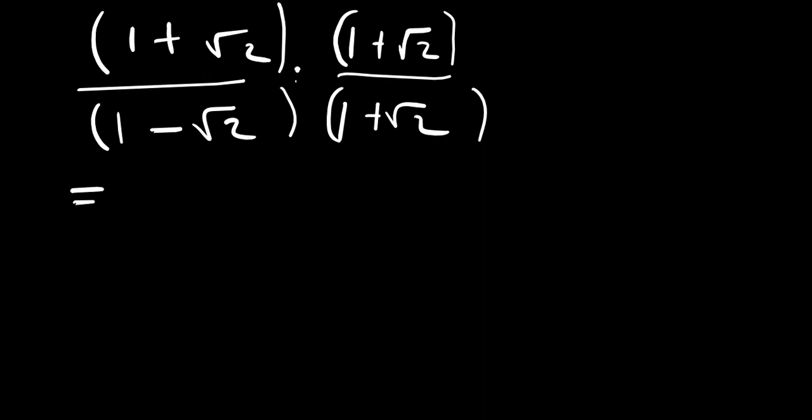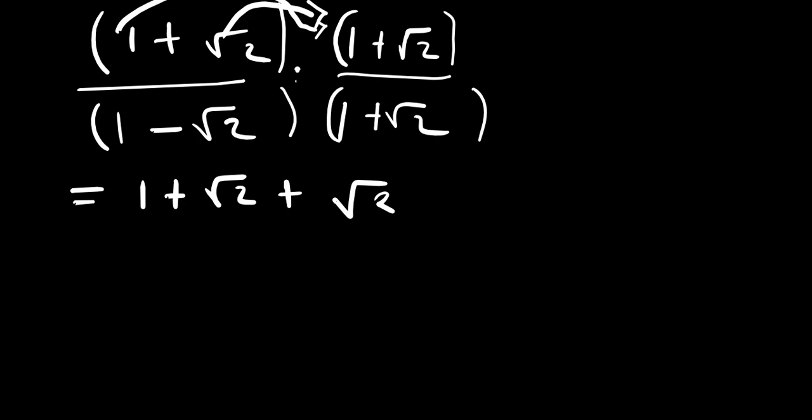What this means is that your 1 is going to multiply by everything that is here. So 1 multiplied by everything is just the same thing, 1 plus root 2. Then plus root 2 multiplied by everything in the brackets, so you have root 2 plus root 2 multiplied by root 2, which will just give you 2. This is dividing by 1 squared minus the square root of 2 squared, since you always get the one that has a minus.